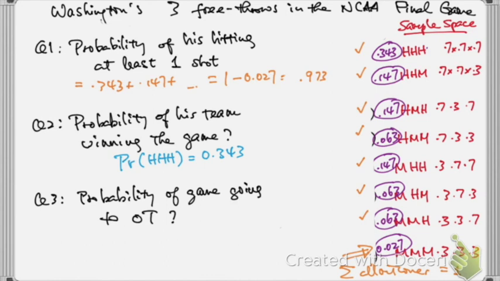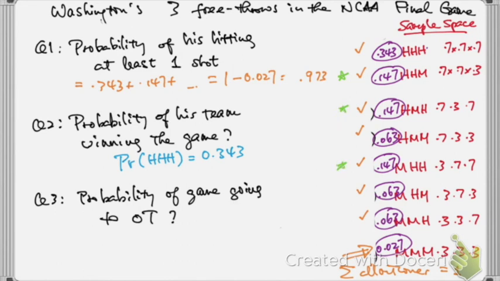What is the probability of the game going to overtime? Going to overtime means that he makes exactly 2 shots. If he makes 3, then he would win it. But the only way the game can go into overtime is that he makes precisely 2 shots. So let's use yet another color. Let me use green this time. Where does he make exactly 2 shots? This would be 2 shots exactly. This would be 2 shots exactly.